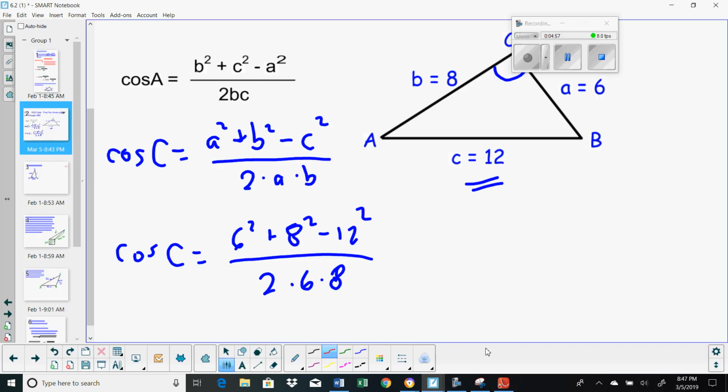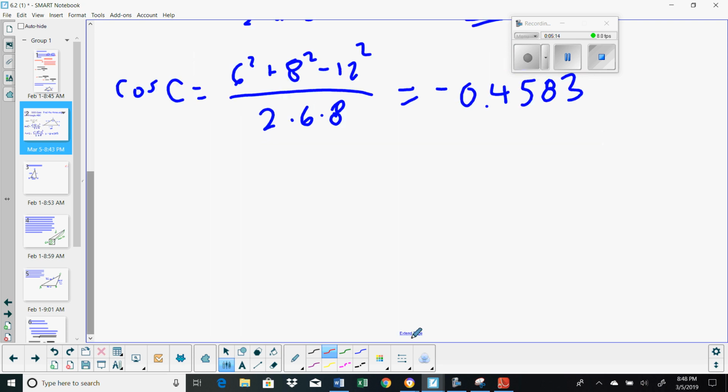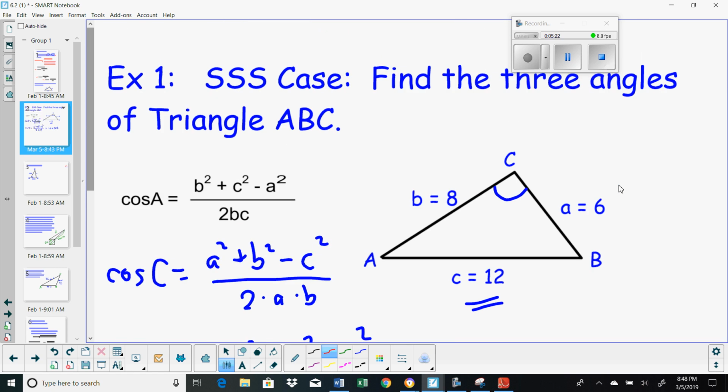So let me write that down. The cosine of C is equal to negative 0.4583, approximately, but we still want to find the angle C. Now notice the cosine is negative. What we have learned is that cosine is negative in quadrant 2. If we're looking for an angle measure for this triangle, let's back up for a second.